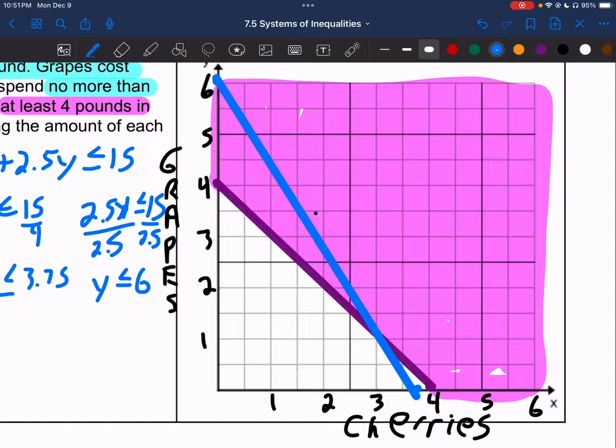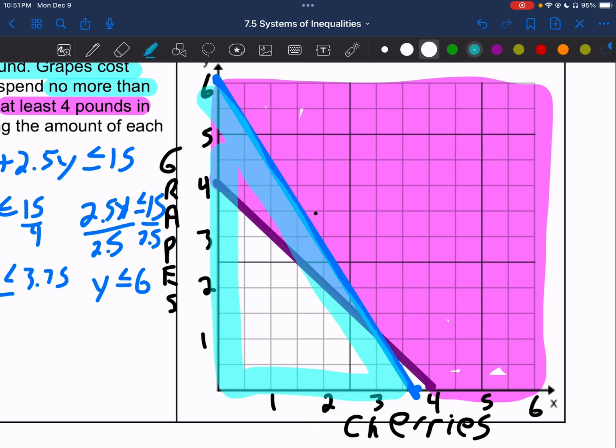And it was less than that amount. So I'm going to be shading below the blue line. And so we see we just have this tiny little sliver there that we are able to purchase within while meeting our cost criteria and our amount of cherries for whatever fruit salad or thing that you're making.